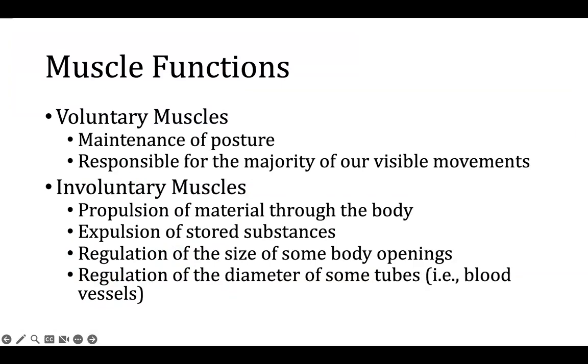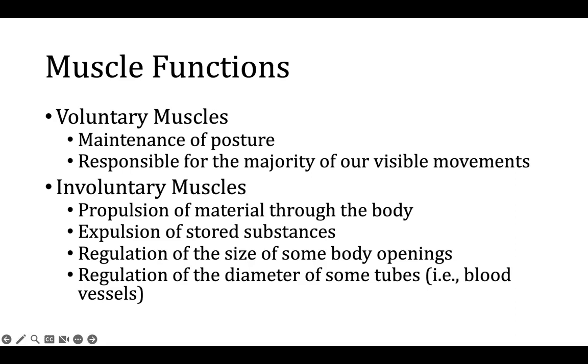The purpose of muscles: we do have voluntary muscles, like the muscles that help with our posture, the muscles that help us walk and move. They are the muscles that you normally would think of when you think about muscles.